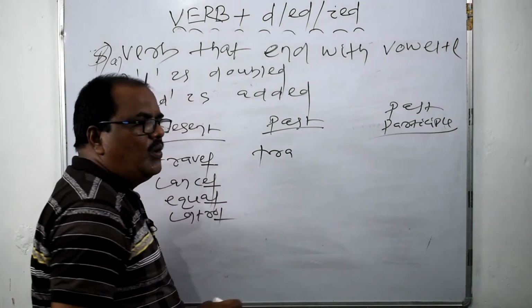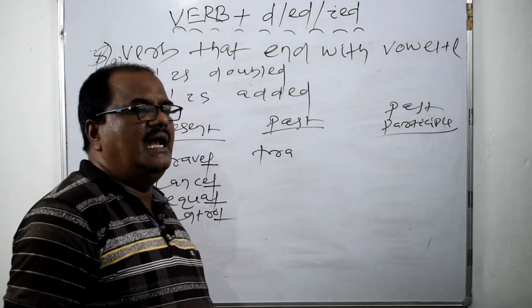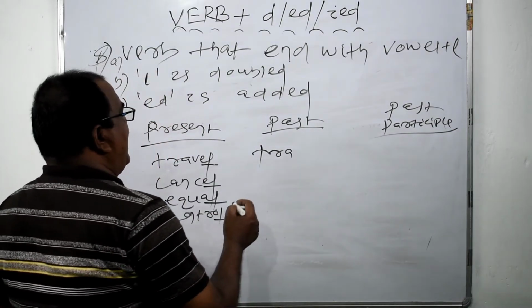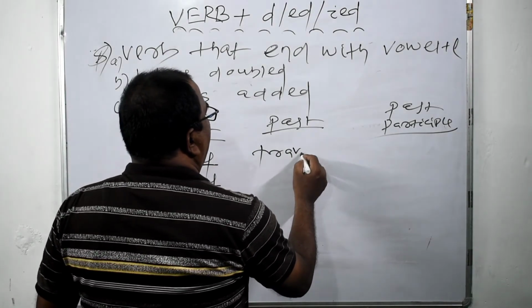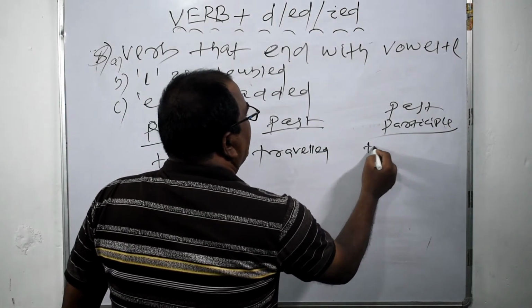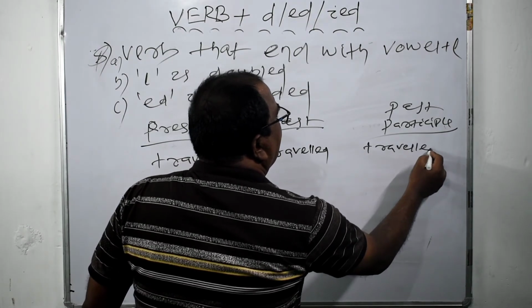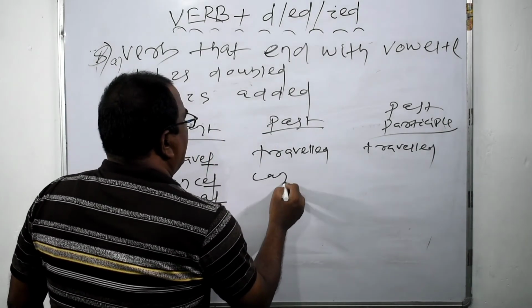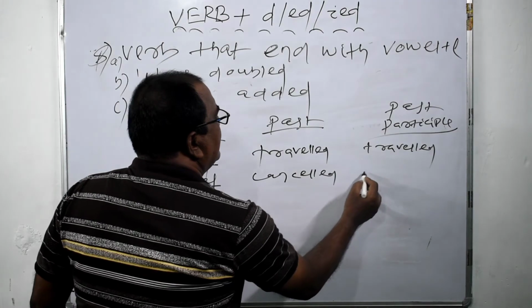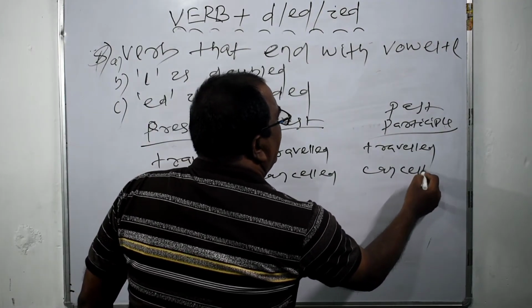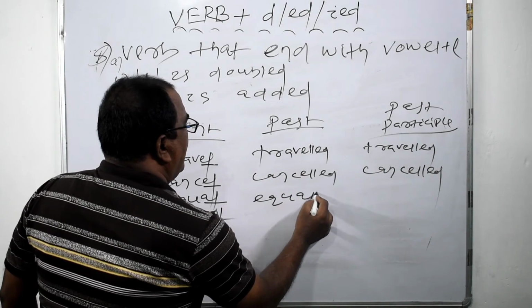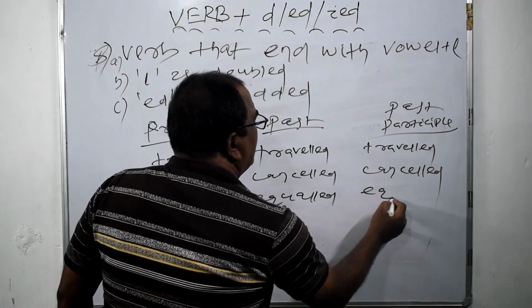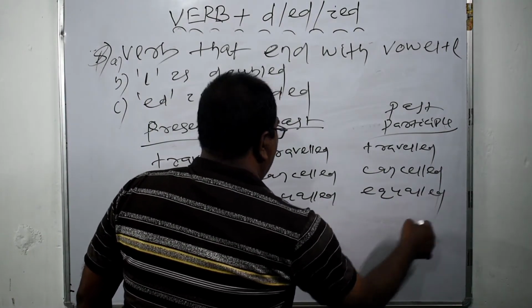As we follow the British English, therefore we have to double the last L. Travel, traveled, L-L-E-D. Cancel, cancelled, C-A-N-C-E-L-L-E-D. Equal, equalled.